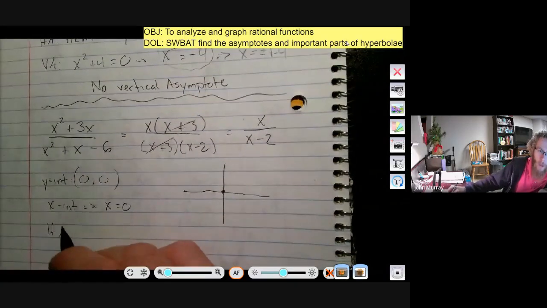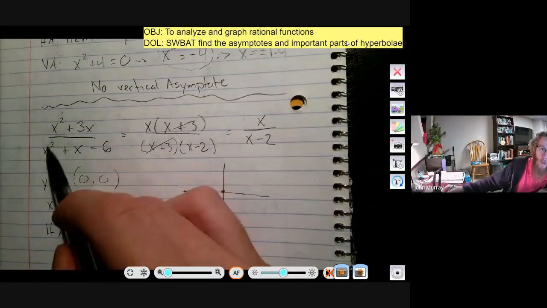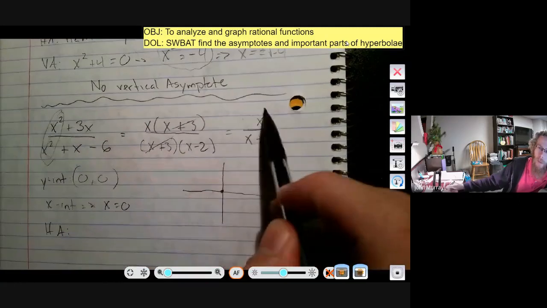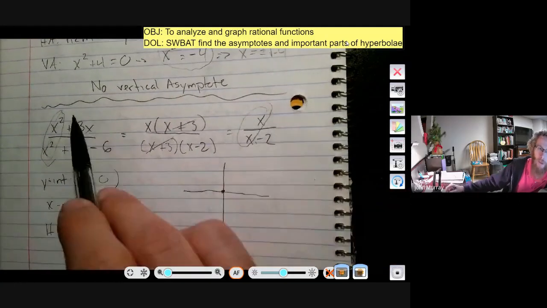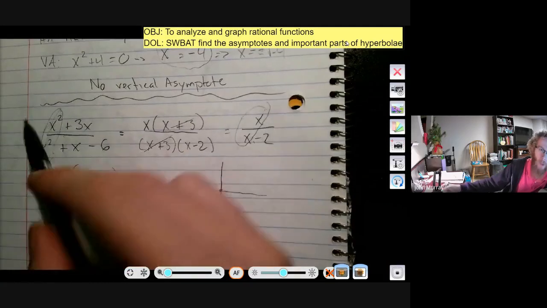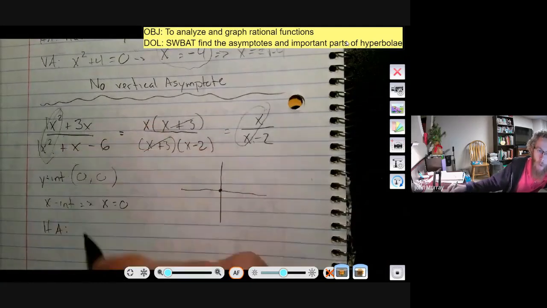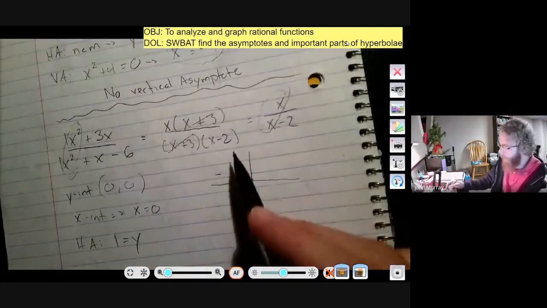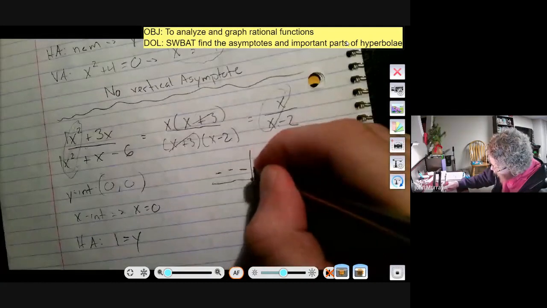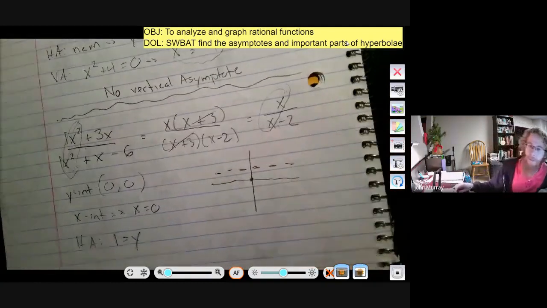So now for the horizontal asymptote, we have similar powers. Okay, 1 over x to the first, x to the first, x squared, x squared. So looking at the leading coefficients, 1 over 1, I have a horizontal asymptote at y equals 1. All right, so I'm just going to put that there.